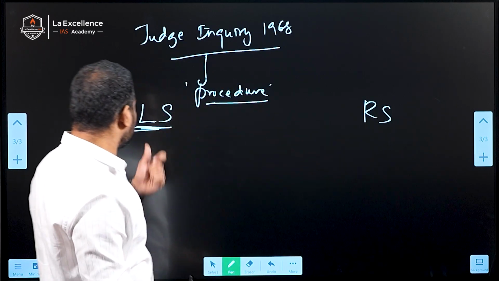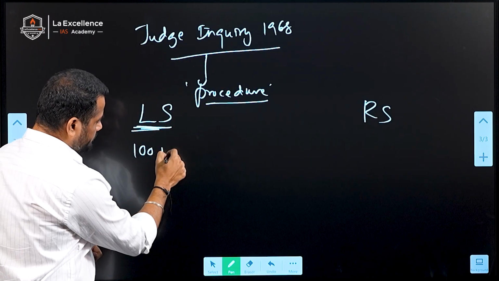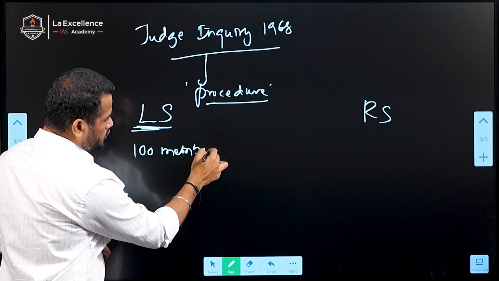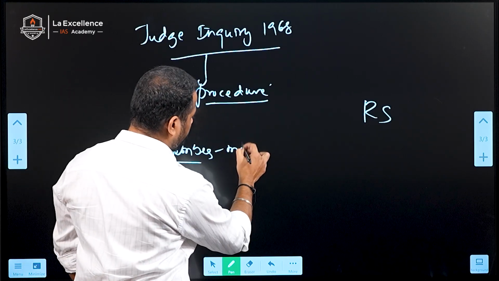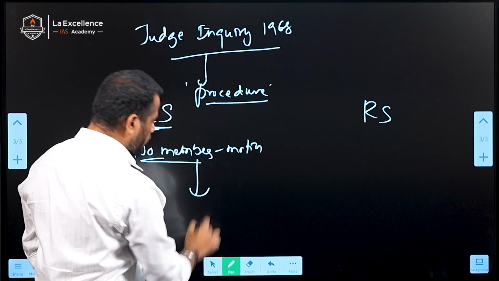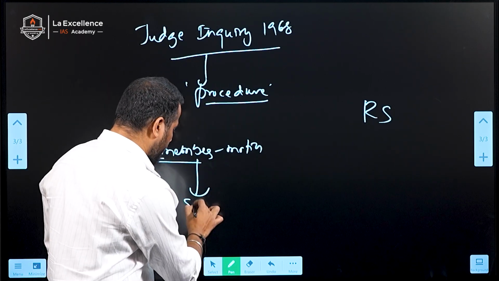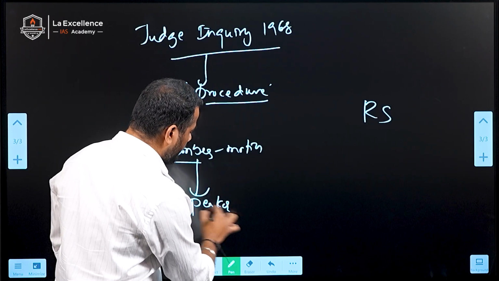In the case of the Lok Sabha, 100 members sign a motion and give it to the Speaker of the Lok Sabha.